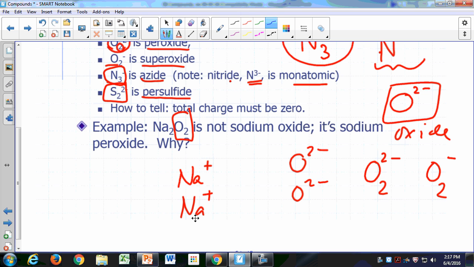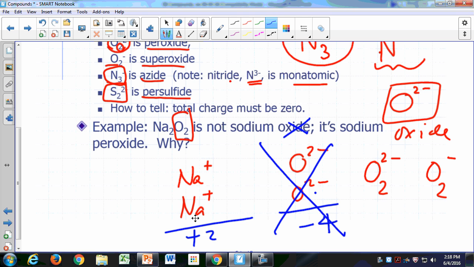Let's look at your positive charges here. That's +2, right? If it's 2 oxides, what would the total negative charge be? -2 plus -2 is -4. It can't be 2 oxides, so it's not sodium oxide. The anion here is not oxide. Can it be 1 superoxide?